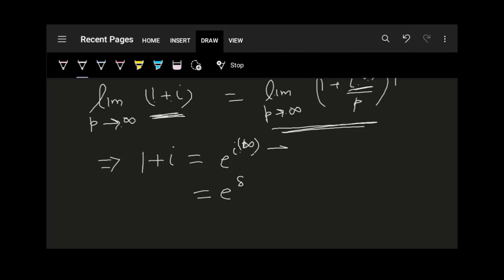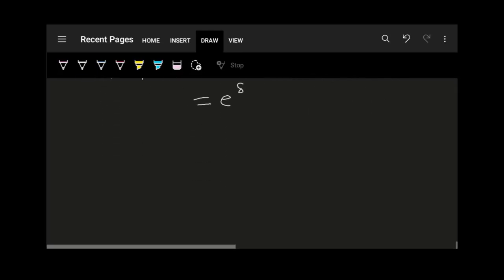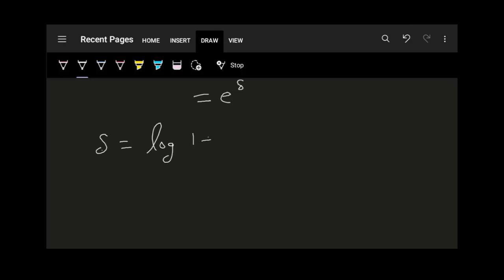This interest rate i infinity is nothing but delta. So from here we can get the value of delta as delta equals log of 1 plus i, and if i is equal to 10%, then we get delta equal to 9.531 percent.